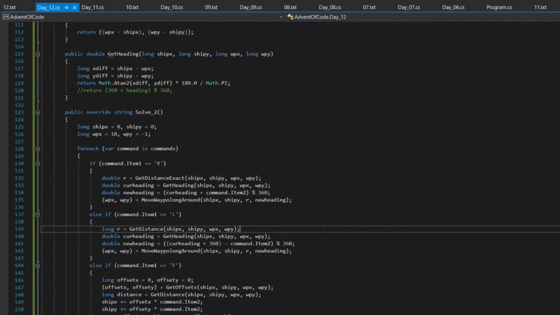So it could be that our left is still incorrect. We did test it out though, right?